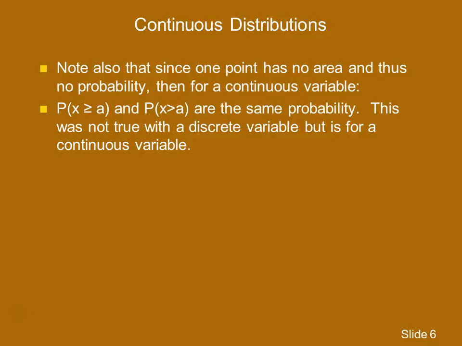That wasn't true for a discrete variable. For a discrete variable, take the binomial, the probability, for example, of 3 or more heads in 5 flips of a coin, which would mean 3 or 4 or 5, is different than saying more than 3 heads, which would just be 4 or 5. The equal part had some probability there. But here with continuous variables, it doesn't matter.